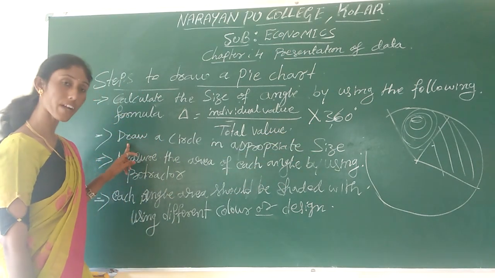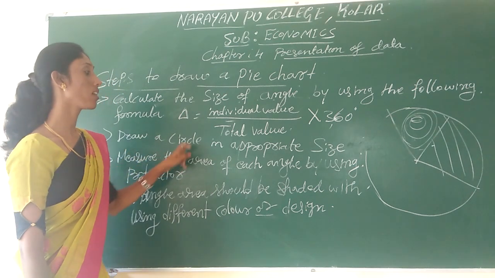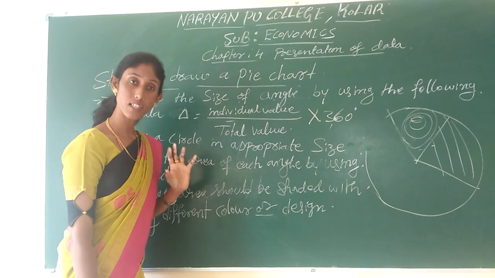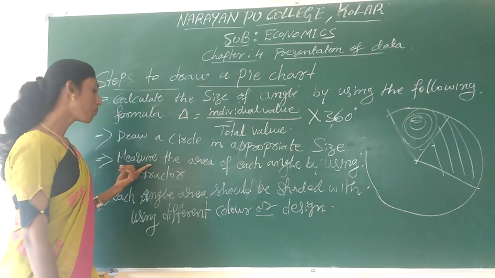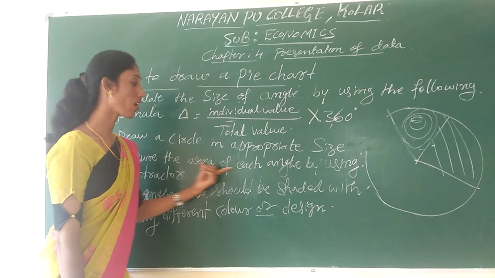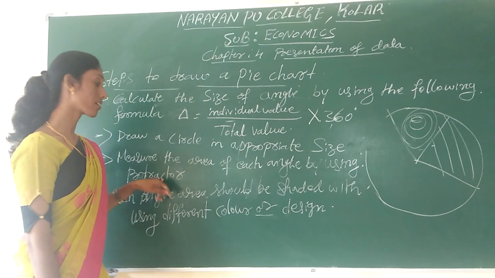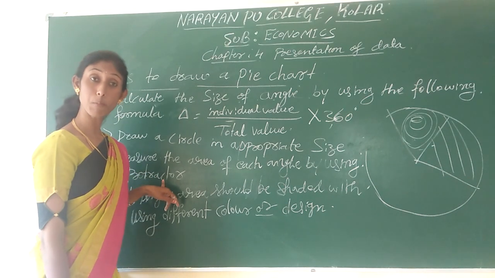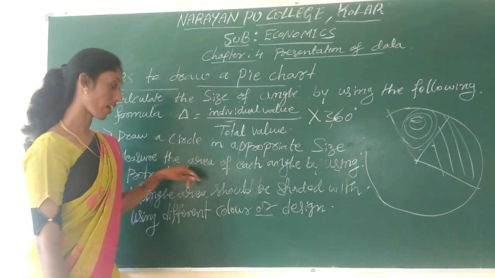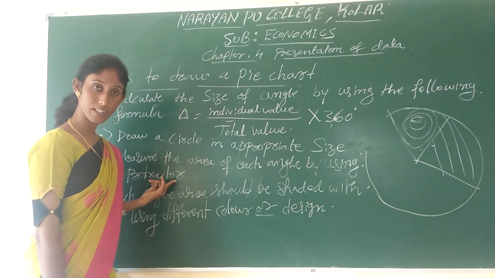After finding the size of an angle, we need to draw a circle in an appropriate size, it means a normal size. And measure the area of each angle by using the protractor in the pie chart.